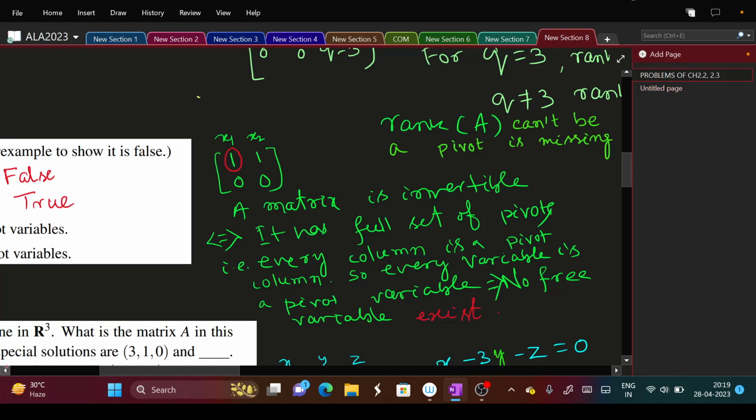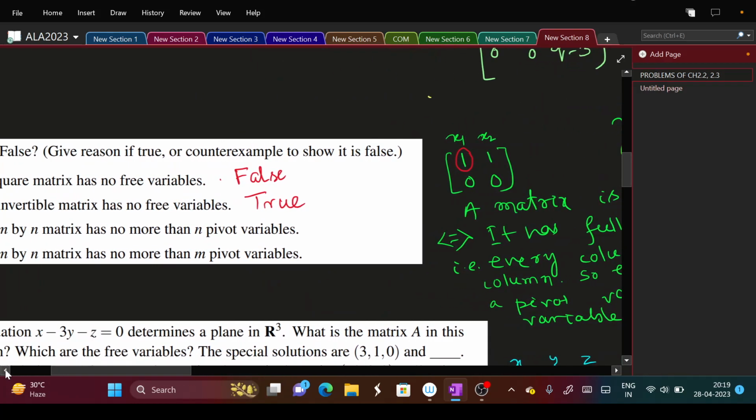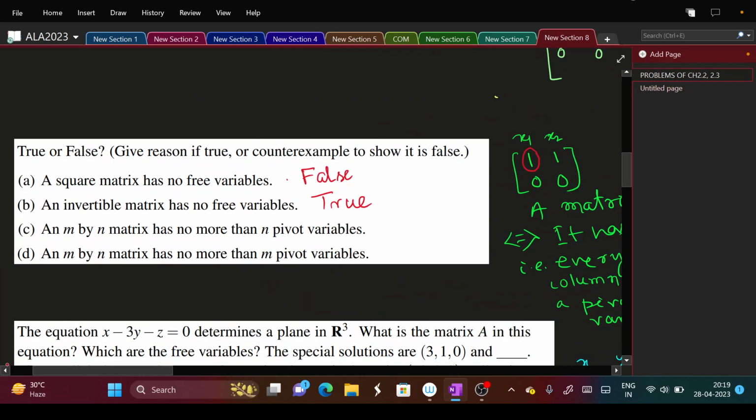Next, third question is, an m by n matrix has no more than n pivots, pivot variables. Yes, the number of pivot variables is the rank of the matrix.